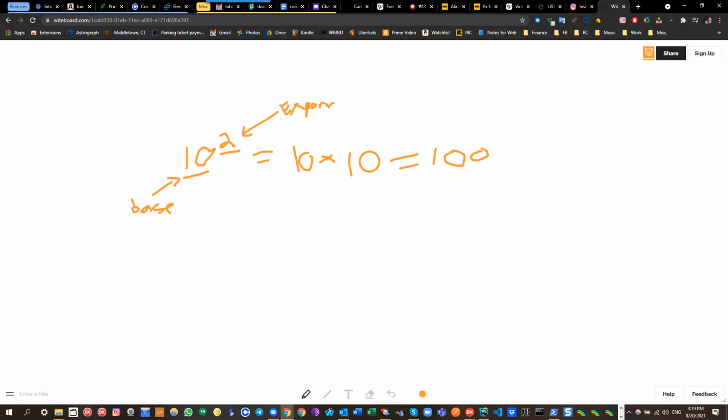Whatever the base is, that's the number that gets repeated in the subsequent multiplication, and the exponent is the number of times that it gets repeated. So 10 to the 6th power would be that base multiplied by itself 6 times.